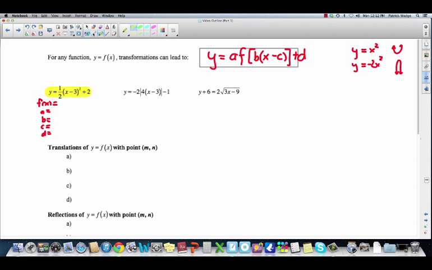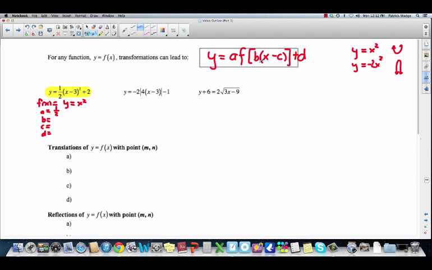It looks to me like I see y equals blah, blah, blah, x squared. The basic function there is y equals x squared. And then a whole bunch of things have been added, a, b, c, and d letters, to make it look so complicated. What's the a value in this case? Well, the a value is the thing that's in front of the function, so it's in front of the x squared part. The a value is 1/2. What's the b value?